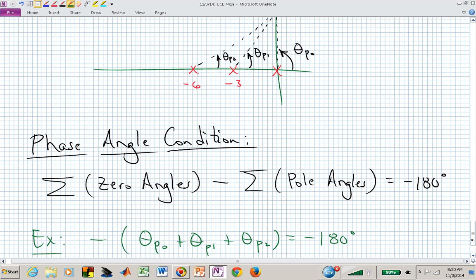Is it clear what we're doing? If we had zeros sprinkled around, those zeros would contribute some phase. We would add those angles, subtract all of our pole angles, and the net effect, the algebraic result, needs to be equal to minus 180 degrees.